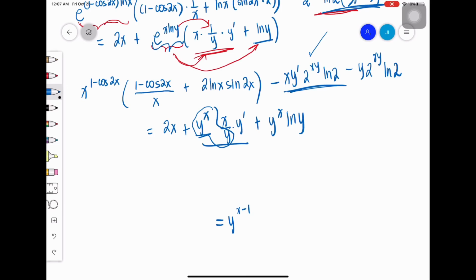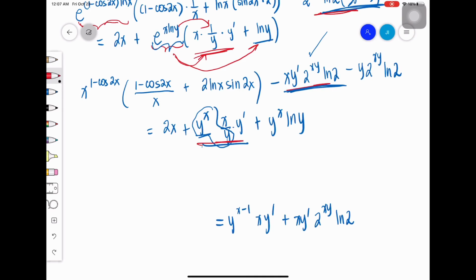Tama? So y raised to x minus 1, x y prime. So ito pala yung ginagalaw ko so far. Ano pa? Lipat ko to sa kabila, magiging positive. This becomes positive xy prime 2 raised to xy ln 2. Do you follow? So okay na. Okay na ako sa dalawang to.